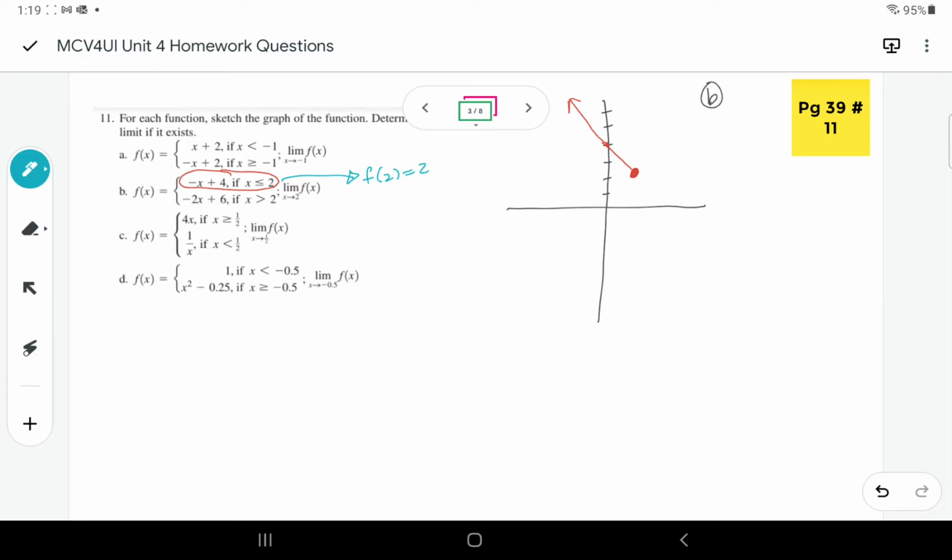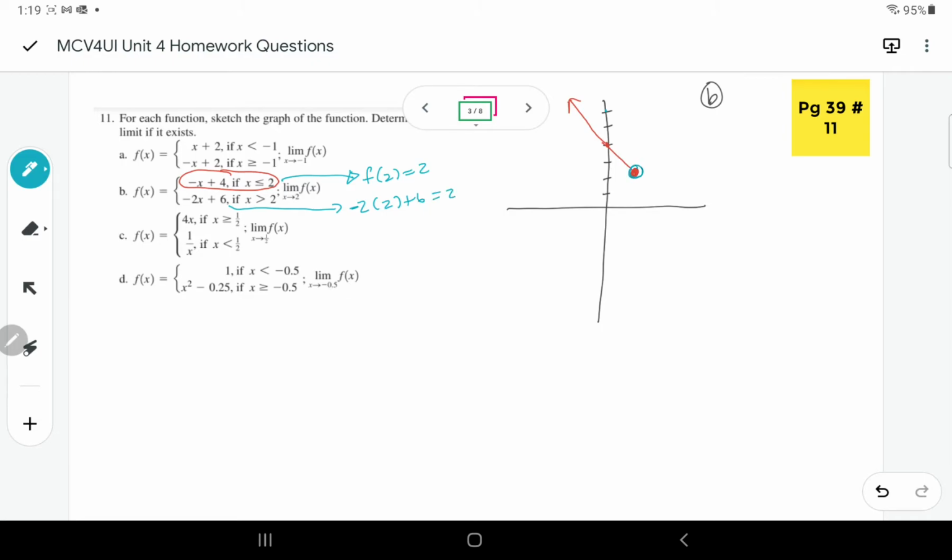And then -2x plus 6. So this is going to have a y-intercept of 6 and a slope of -2. We could figure out from this equation where that open hole would be. So -2 times 2 plus 6 is also 2.